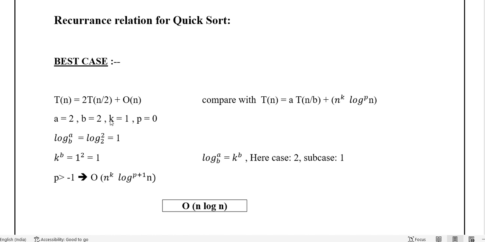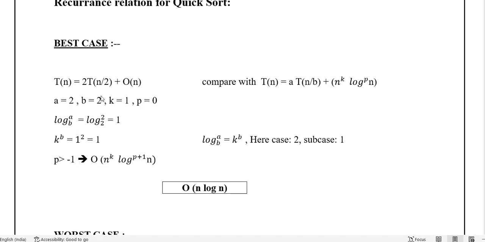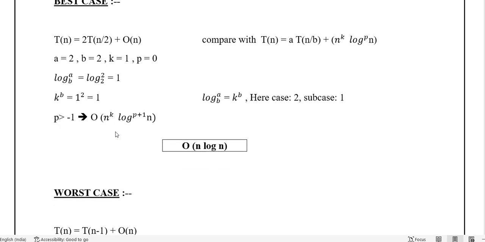Consider the recurrence relation for the best case: T(n) = 2T(n/2) + O(n). This is the basic and initial stage for all sorting algorithms, not only one. So I consider a, b, and k values. You can take another video for recurrence relations; I will just give a bit of explanation.